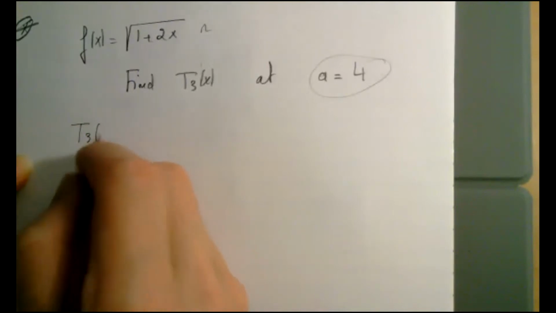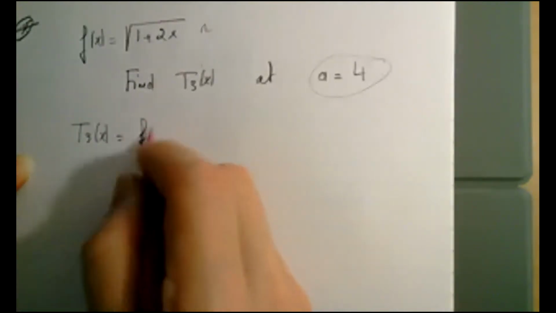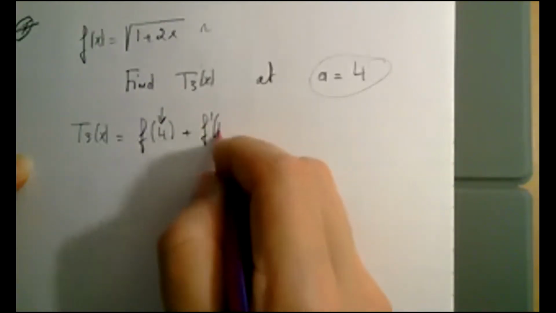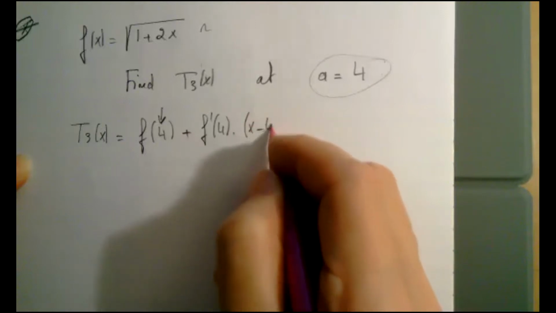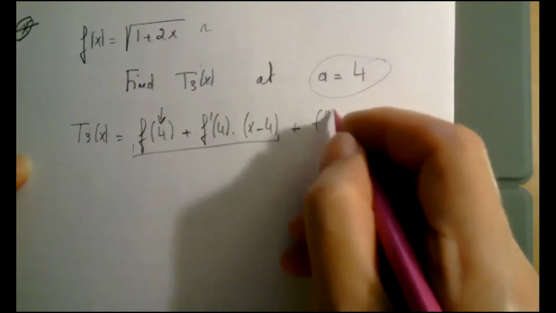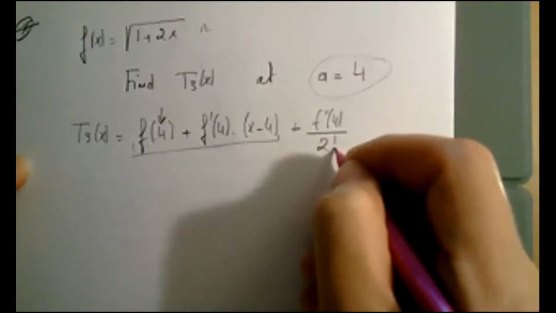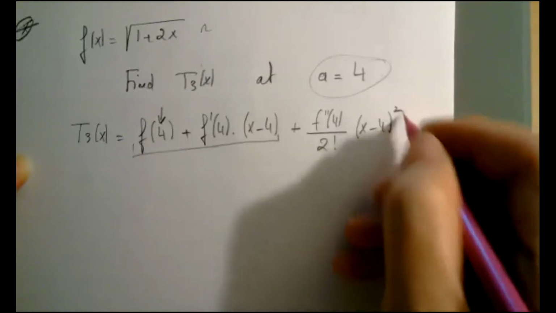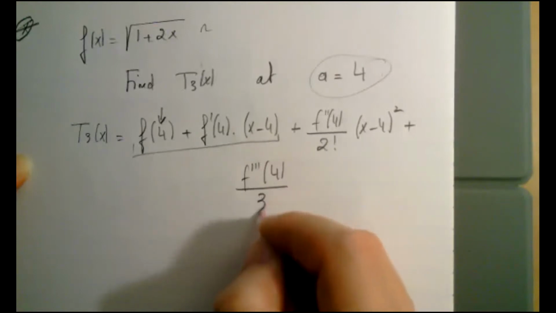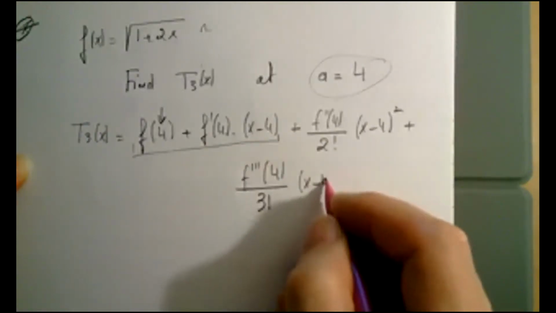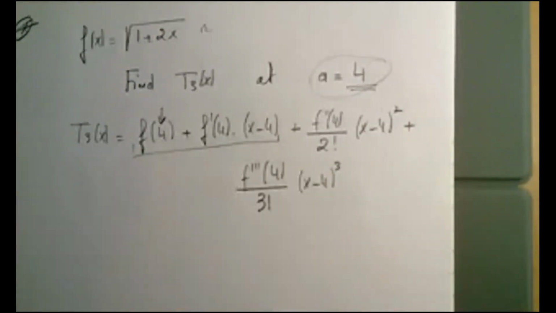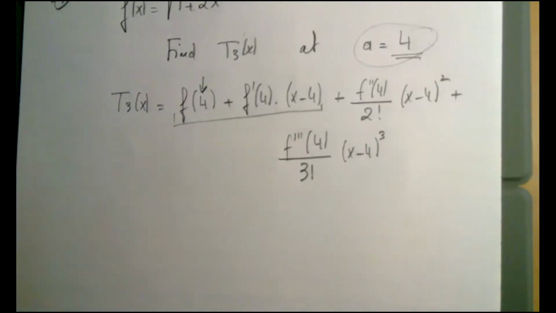So T3 is going to be the value at 4, plus the derivative at 4 times x minus 4, that's the tangent line, and then the second derivative at 4 over 2 factorial times x minus 4 squared, plus the third derivative at 4 over 3 factorial times x minus 4 to the power 3. Remember, those derivatives are evaluated at 4. So I will do this problem and we proceed.